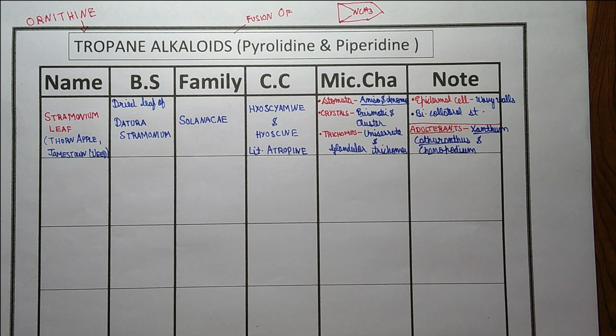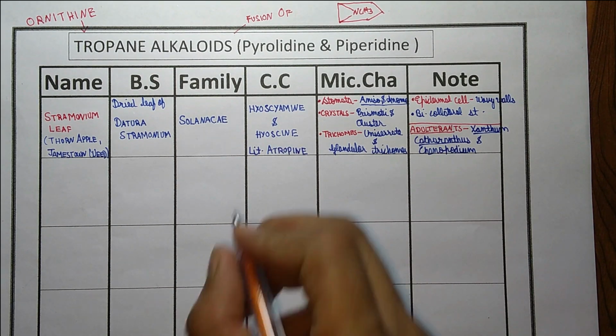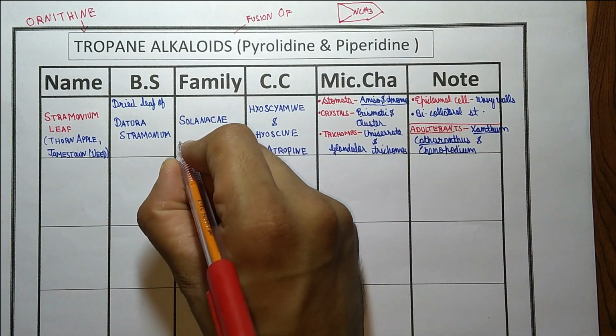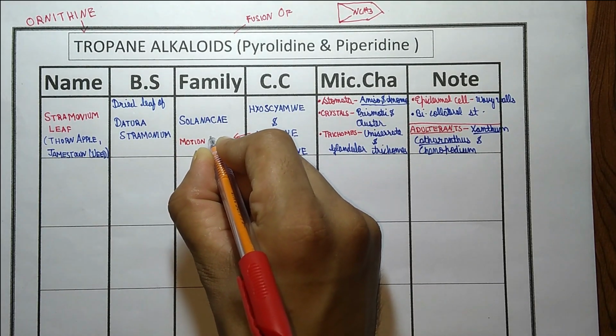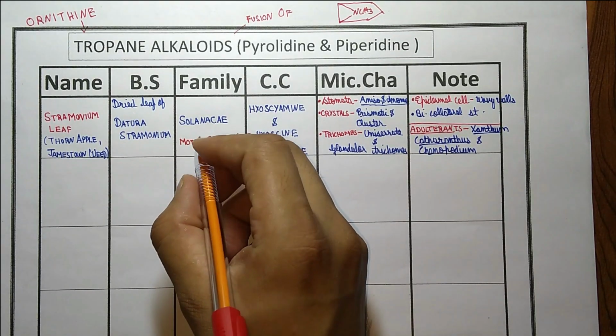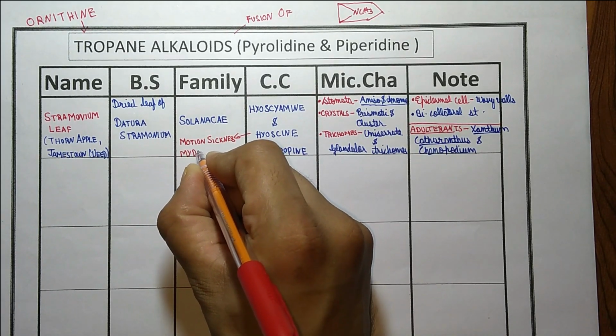And the most important is the use of stramonium leaf. As we all know, hyoscine is a chemical constituent, and it is used for motion sickness and for mydriatic purposes.